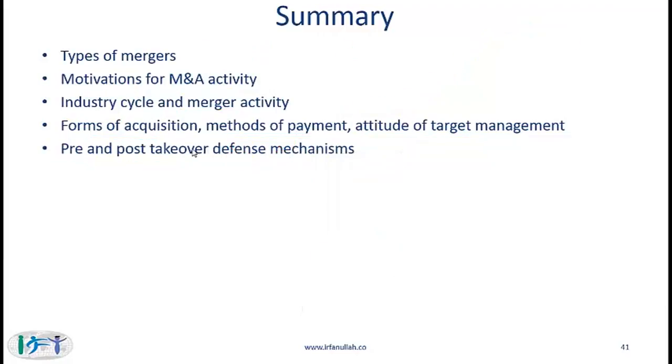Again, this is something you need to learn. So in the pre-takeover, you had items like the poison pill and so on. In the post-takeover, we had items such as taking on more leverage. What you need to do is, again, memorize that list.